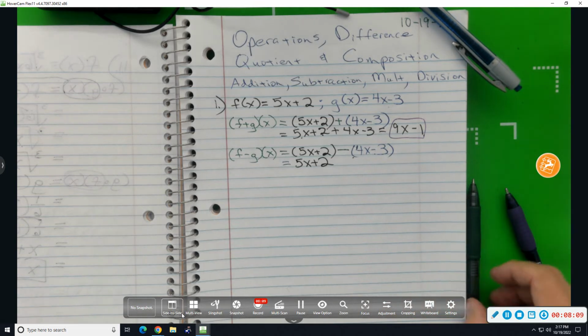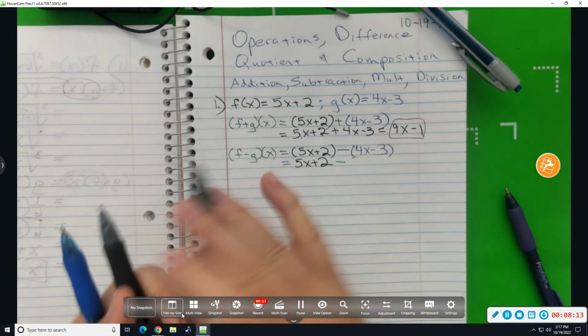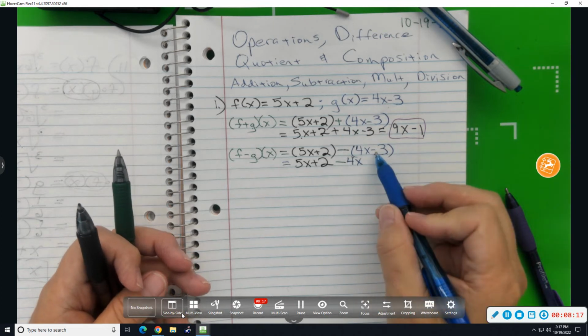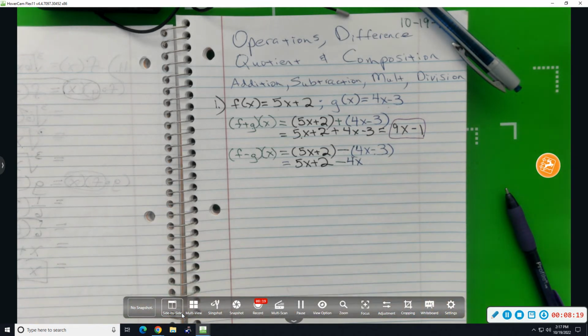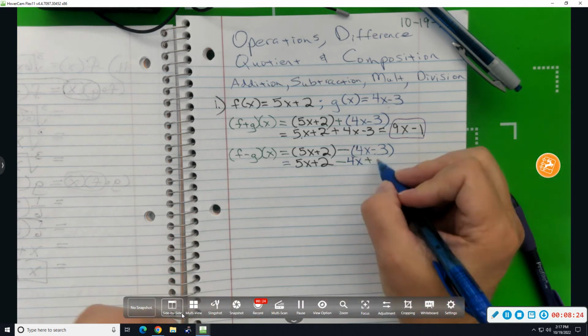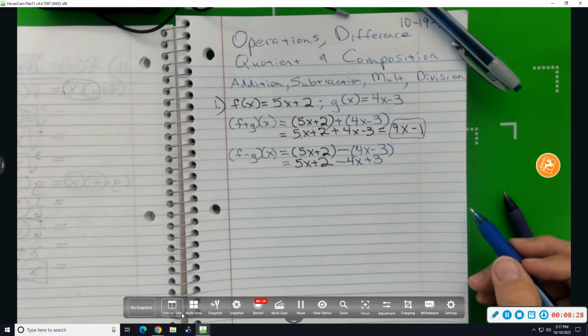Okay, so instead of that positive 4x there, we're going to have a minus 4x. And in place of that minus 3, we're going to have a positive 3. And it's still a matter of combining like terms.